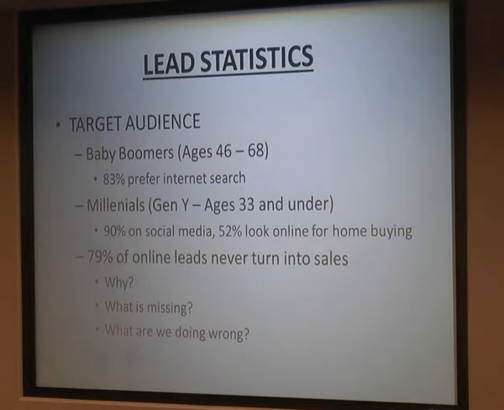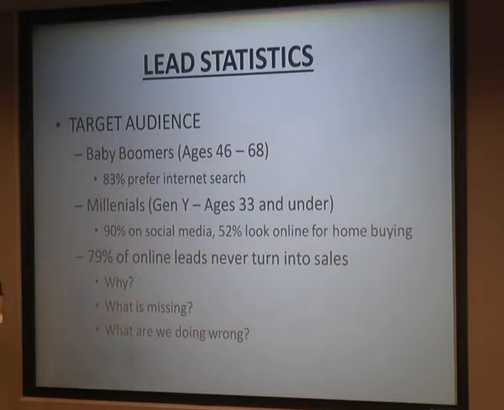Now millennials or Gen Y, whatever you want to call them, most of those kids are 33 and under. Okay, 90%, and I think that might be on the low end, but there's still a lot of holdouts out there, believe it or not. 90% of your millennials are on social media. So where should you be? On social media. Okay, now it says here 52% look online for home buying.